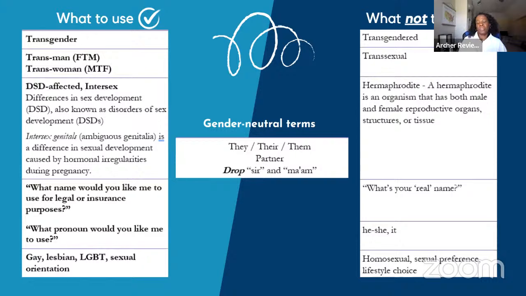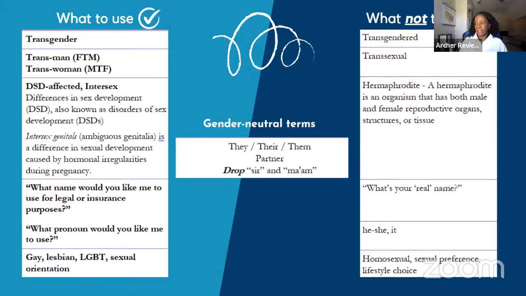However, for legalities, insurance purposes, and billing, you have to go by their legal name that's on their ID and on their social security card. So, as opposed to just writing it down and causing some type of offense, you have to let them know or ask up front, I have to use your legal name or your birth certificate for billing purposes, and that's why I have put that on there.